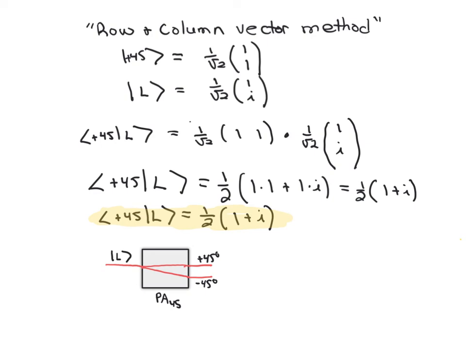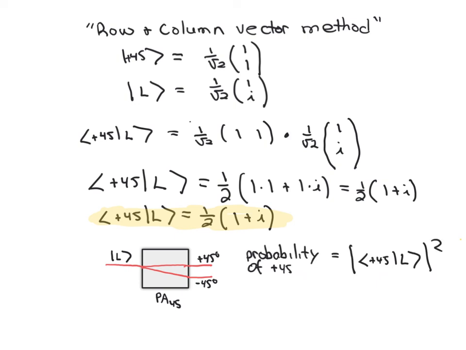And what that means is you send photons in and you make a measurement with respect to the 45 degree direction, and the photon either comes out along the plus 45 degree channel or the minus 45 degree channel. And the question that we might pose experimentally is, suppose you send a left circularly polarized photon into such an analyzer, what's the probability that it's going to come out along the plus 45 degree channel, and what's the probability that it's going to come out along the minus 45 degree channel?